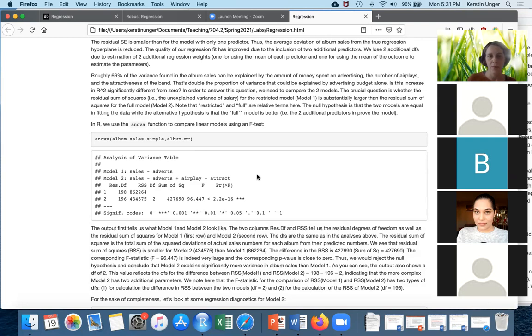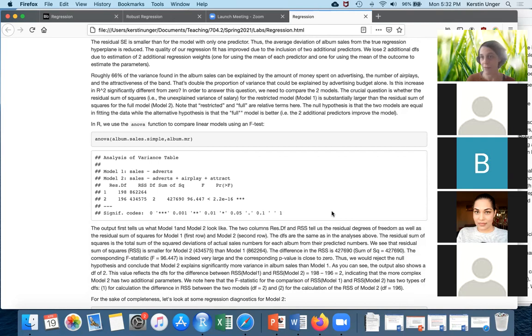And now what we're interested in is not only whether this new model is significantly different from the null model, basically if we wouldn't include any predictors. What we want to know is whether it is significantly better than the model that has only one predictor, right? We can look at the R squared and say that it is twice as large as the R squared for the simple regression model.